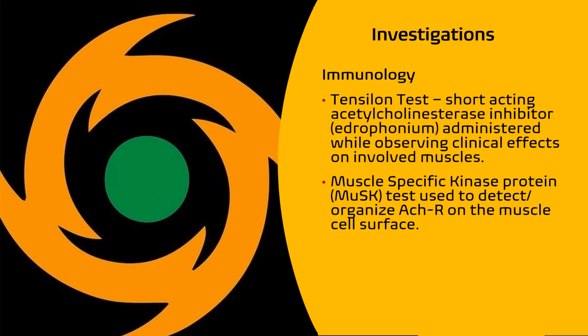And in line with this, muscle-specific kinase protein, or MuSK, investigation can be used to detect and organize acetylcholine receptors on the muscle cell surface.